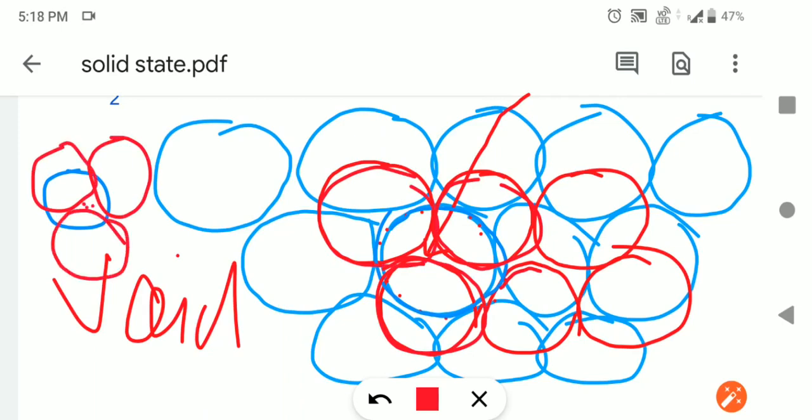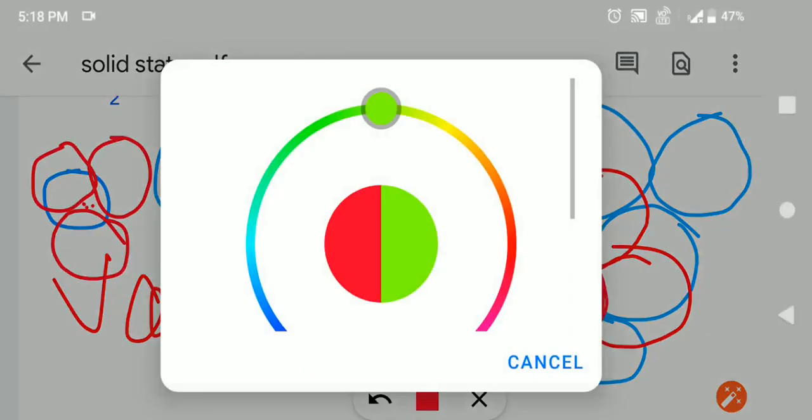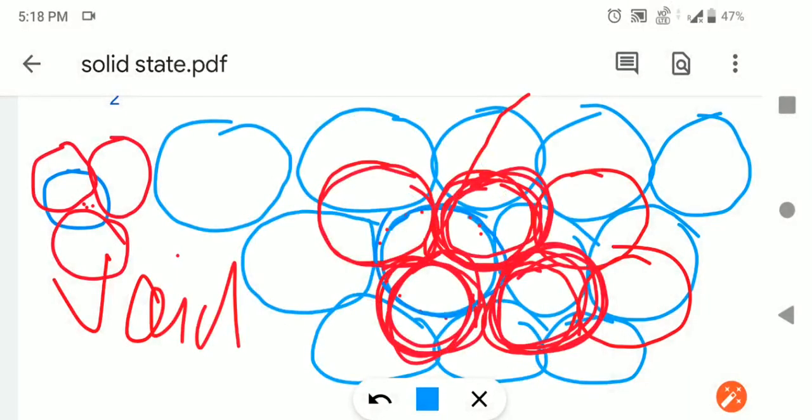So I am roughing it, and one more thing you have to understand here. Look at these 3 voids, this one and this one. And now 3 spheres of the back side, which ones? This and this one.